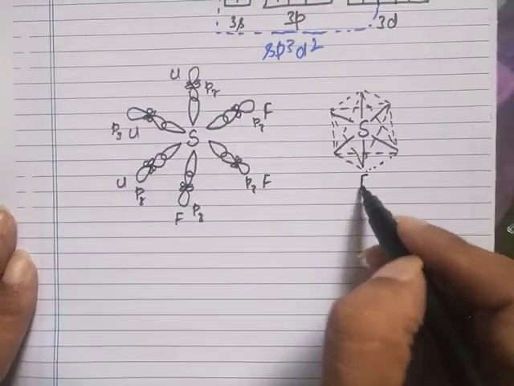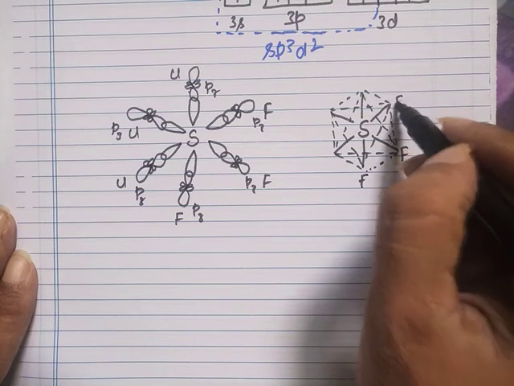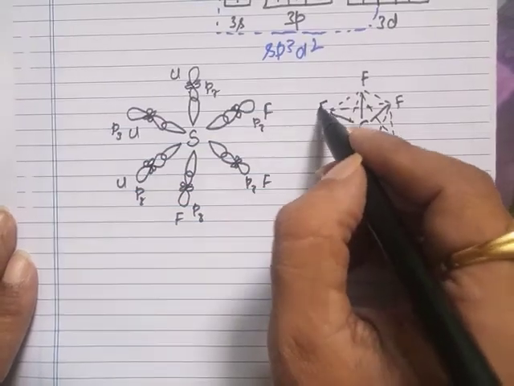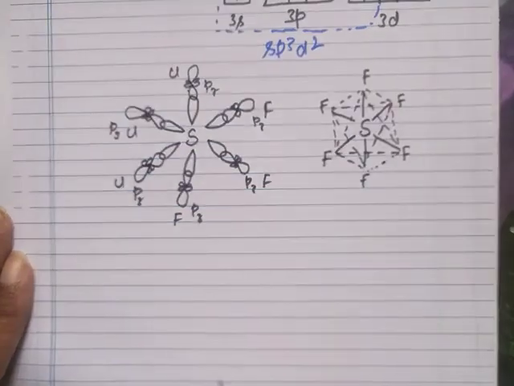So the 6 fluorine atoms are present at the 6 corners of the octahedron.